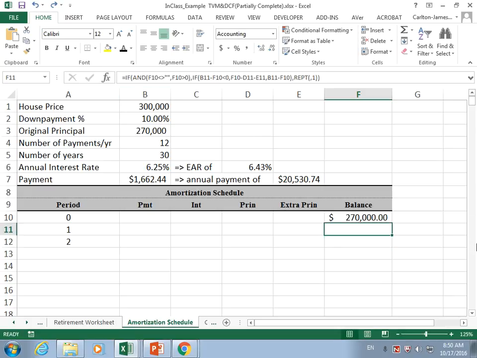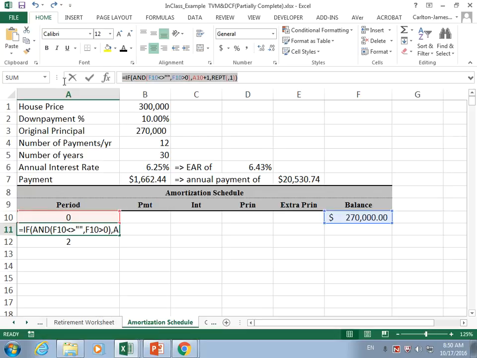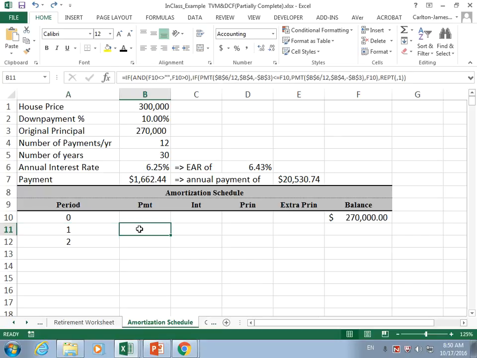Okay, so let's see what's going on then in the rest of these cells here. Let's start with our payment. Our payment then, by the way, this if function that we have here, we're going to kind of use it again and again. So let's build this from scratch.